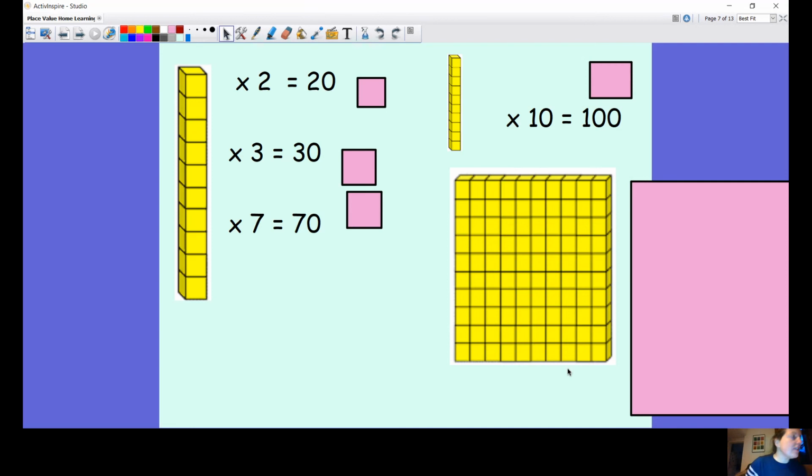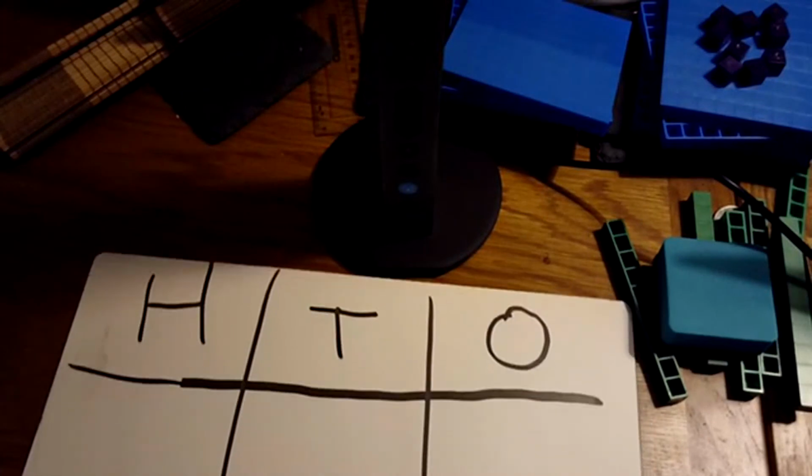So we're going to go to looking at some examples with our Dienes and looking at where numbers fit on our place value chart. So I'm going to stop sharing my screen. There we go. Right.